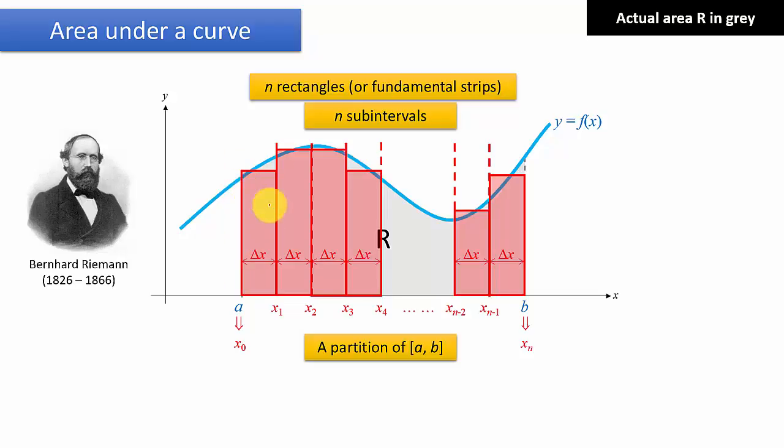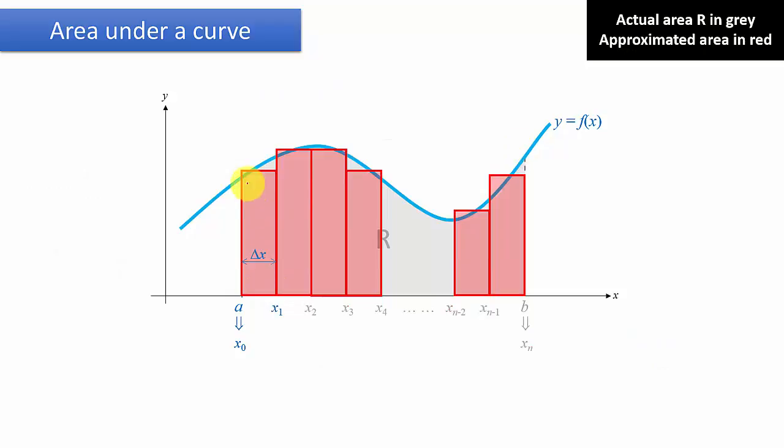Let us look at the first rectangle here. As you can see, the first rectangle intersects the curve at this point. So let me find the coordinate of this point. If we call the x-coordinate of this point x1 star, then we can substitute the value of x1 star into the function to get the y-coordinate, which is f(x1 star).